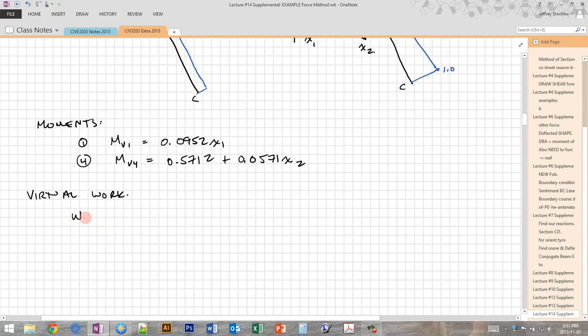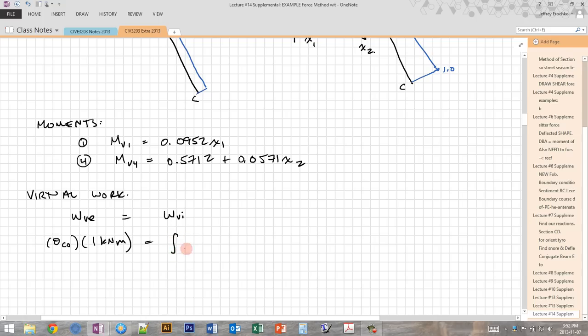So recall that virtual work, we have the external virtual work equals the internal virtual work. In this case, our external virtual work is the real external deformation, which is what we're trying to find, times the virtual external load, and this is the unit load that we applied to our virtual system.